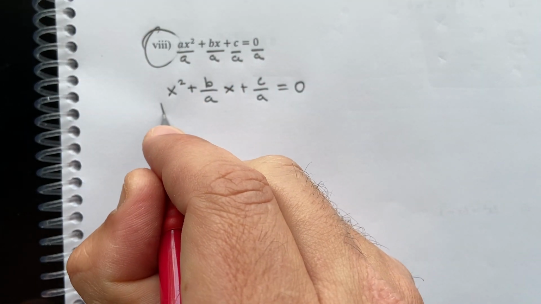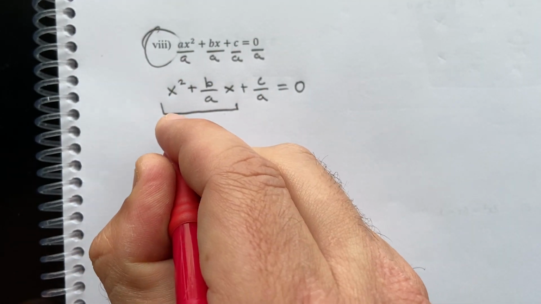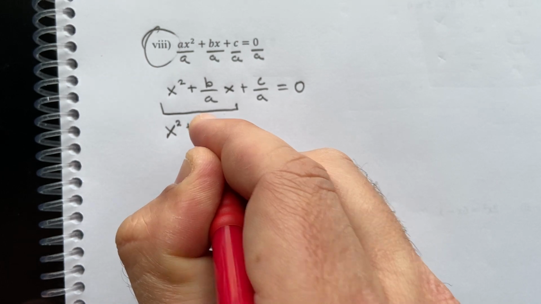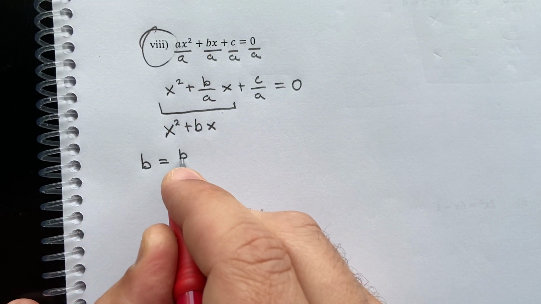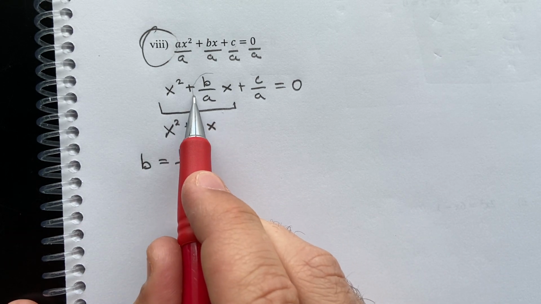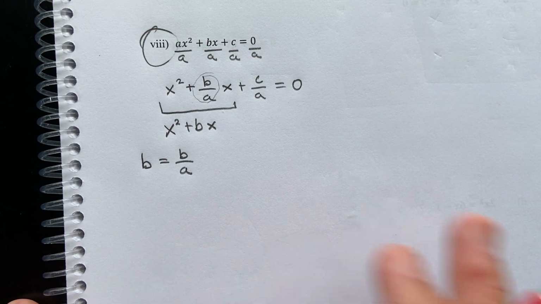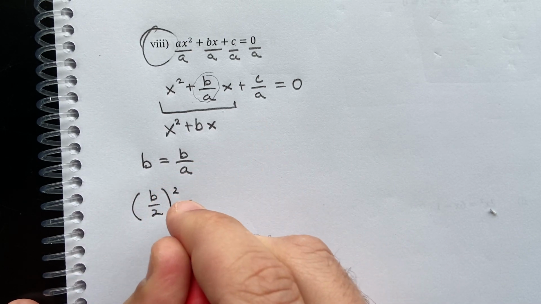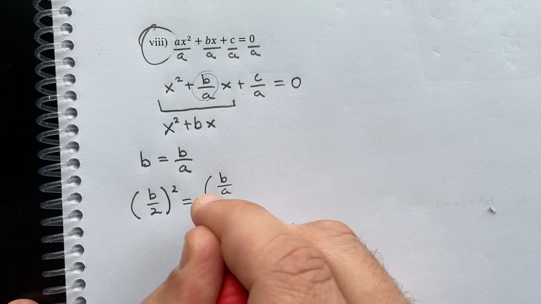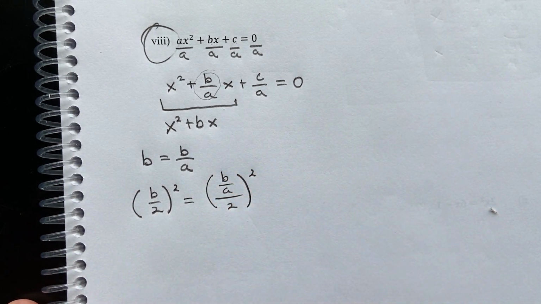So right here is our x squared plus bx. And weirdly, b is actually b over a, right? It's this number here. So half of b squared would be b over a over 2, squared.